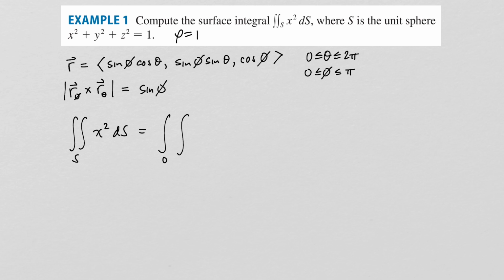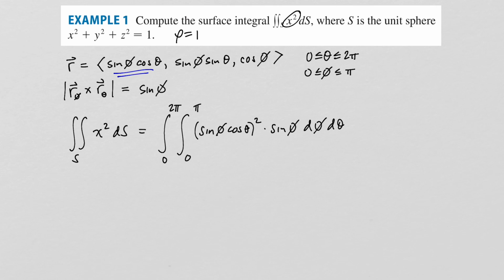So theta goes from 0 to 2 pi, phi goes from 0 to pi, and now we are simply going to plug in to x squared the parameterized value for x, which will be sine of phi, cosine of theta, squared. And then we have to multiply by the magnitude of the cross product of r phi and r theta, which is sine of phi. And then we have d phi, d theta.